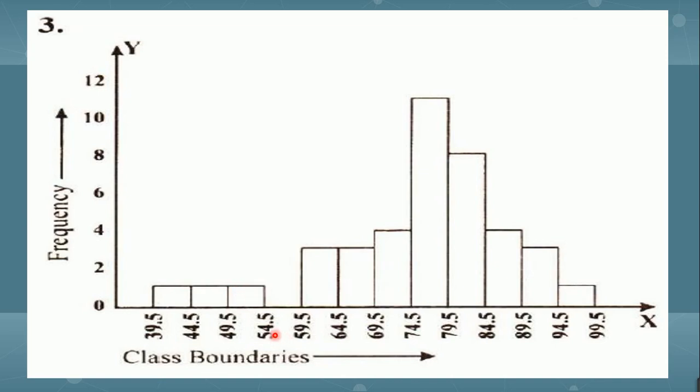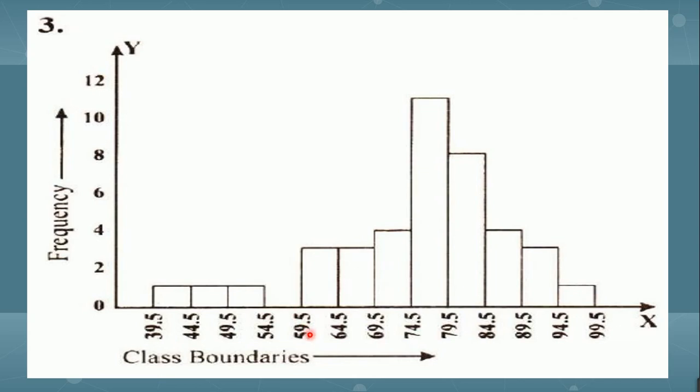And 54.5 to 59.5, its frequency is 0, so leave this portion. Because its frequency is 0, it means there is no height, so it remains as it is.